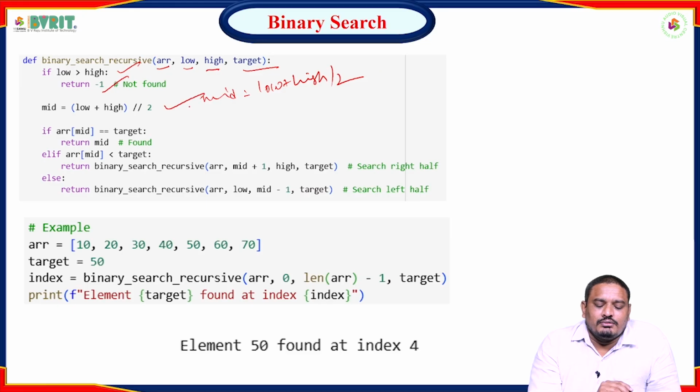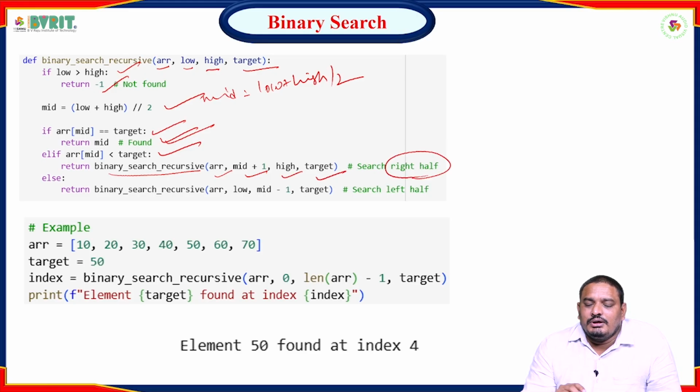If array of mid equals target, return the mid value, meaning we found the element. Otherwise, if array of mid is less than target, call binary search with mid plus 1, high and target to search the right. Otherwise, search with mid minus 1 in the left. This is the program for binary search using the recursive method.